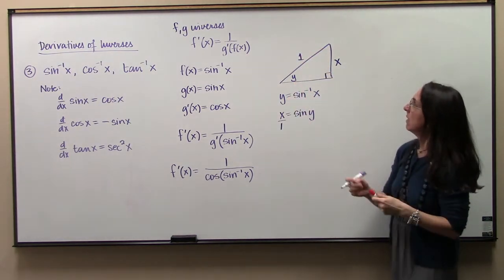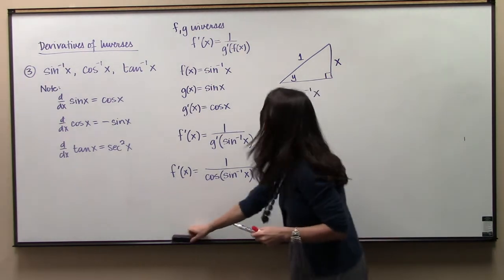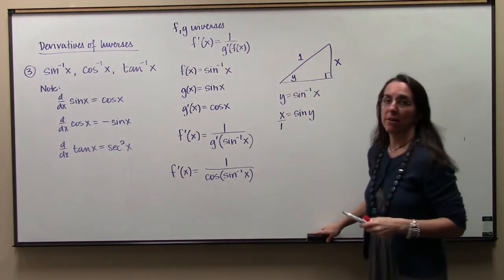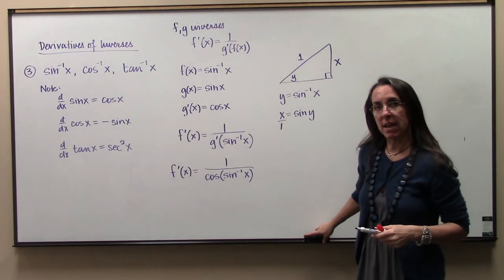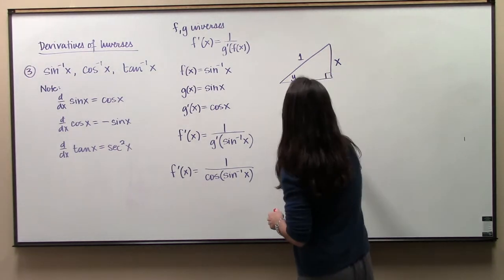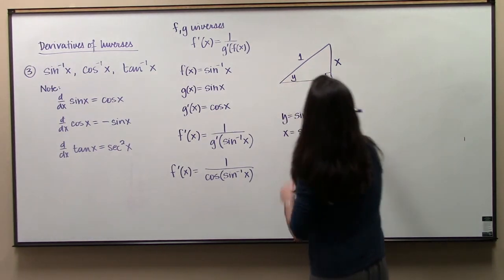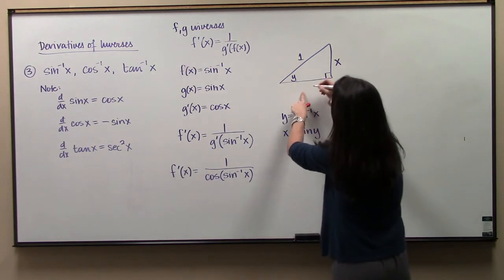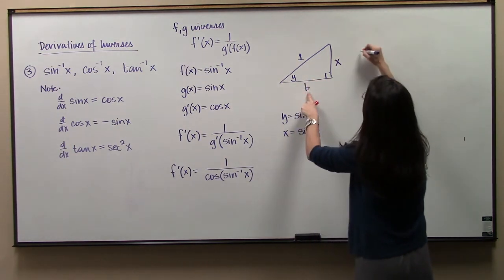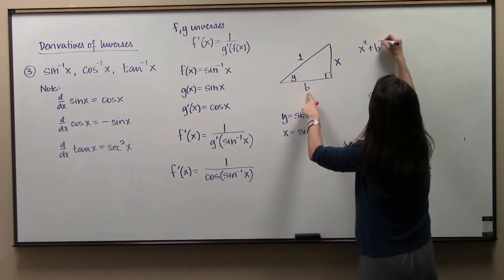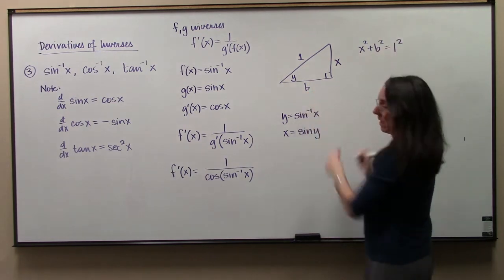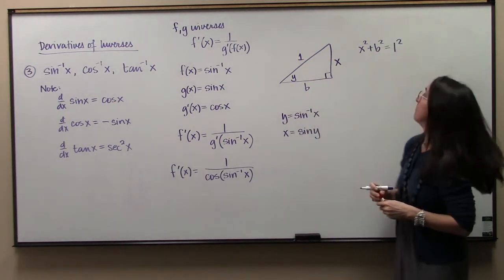Okay. And then from the Pythagorean Theorem, can we get the length of the other side? This side over here, so I know that x squared plus b squared is equal to 1 squared, right?